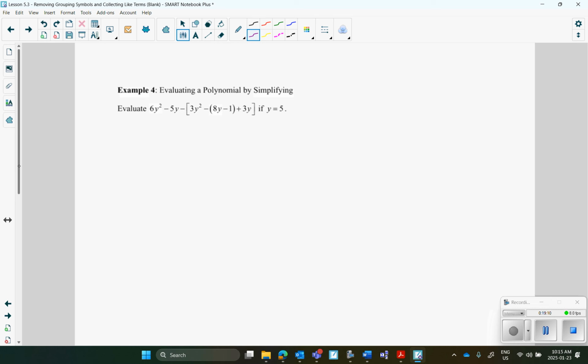Let's make this easier. So let's, first of all, take out the parentheses. What does it look like when I remove the parentheses? Anybody?